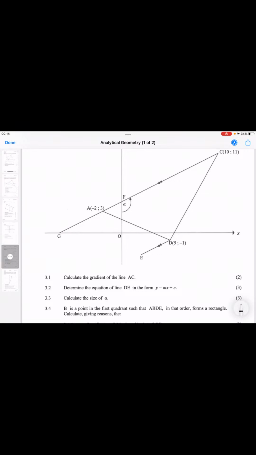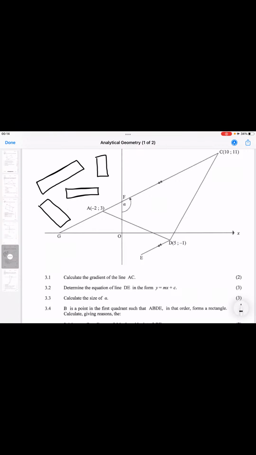They're just saying B is a point in the first quadrant, such that A, B, D, E, in that order, forms a rectangle. You know, a rectangle could be something of that shape, it could be something of that shape, or that shape.